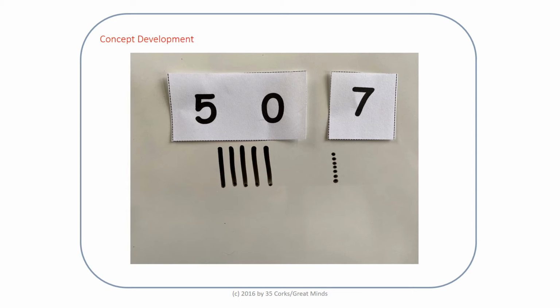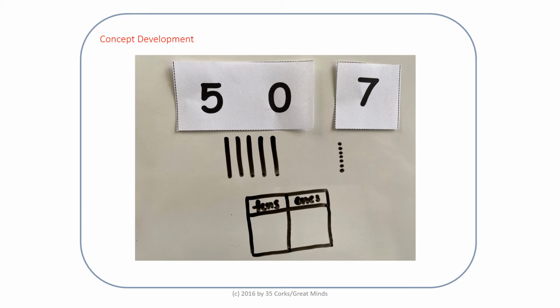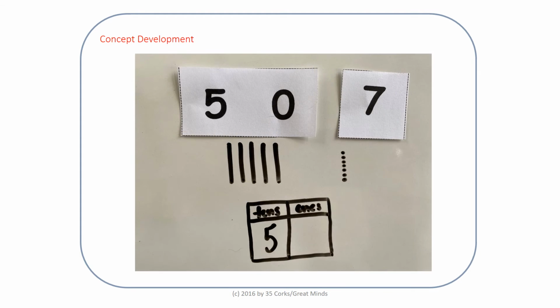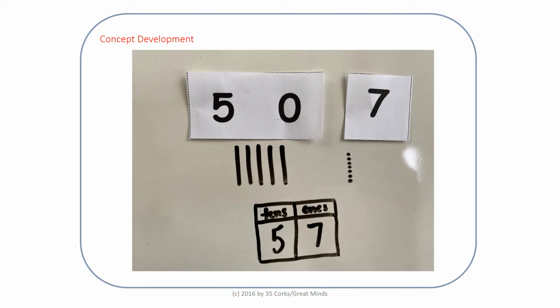Here's my quick 10 drawings to show my 2 parts. And now we're going to put it in a place value chart. How many 10s are in 57? We have 5 10s. How many 1s are in 57? 7 1s. I have 5 10s, 7 1s, or the number 57.